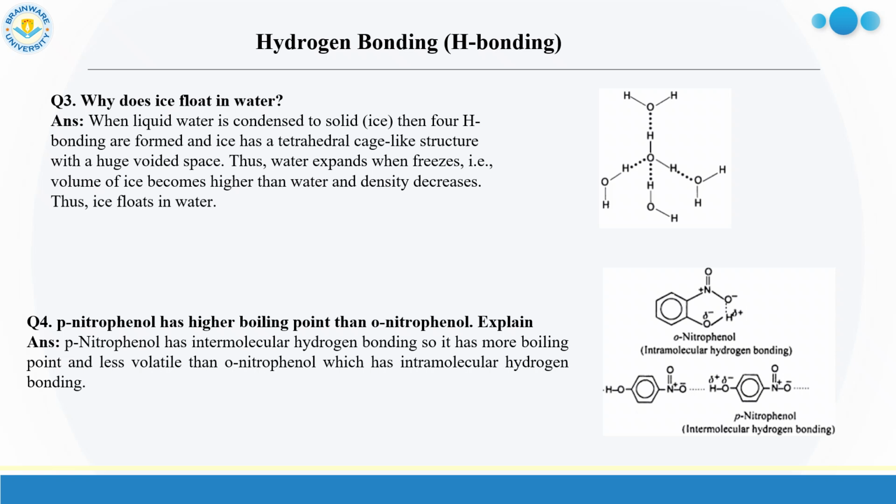And question number 4 is para-nitrophenol has higher boiling point than ortho-nitrophenol. Explain. Para-nitrophenol has intermolecular hydrogen bonding, so it has a higher boiling point and is less volatile than ortho-nitrophenol, which has intramolecular hydrogen bonding. In ortho-nitrophenol, intramolecular hydrogen bonding is formed between the hydrogen of the hydroxyl group and the oxygen of the nitro group.